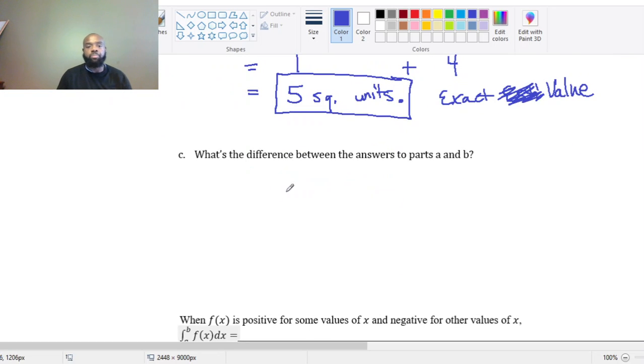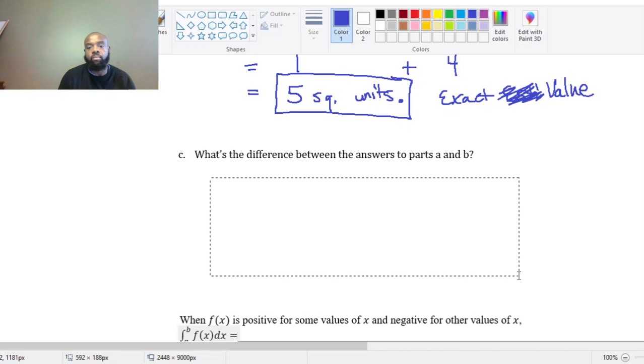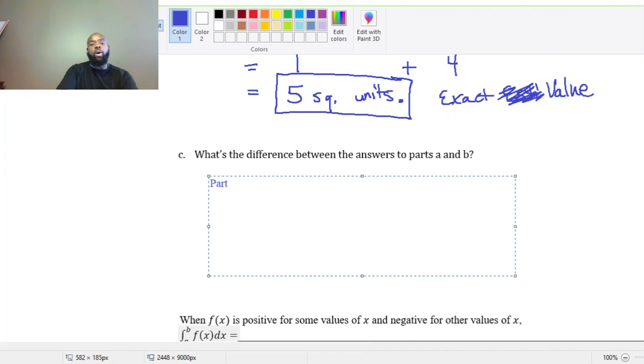And so what's the difference between parts A and parts B? Part A makes areas below the x-axis negative because it uses the actual y values or function values of the function.